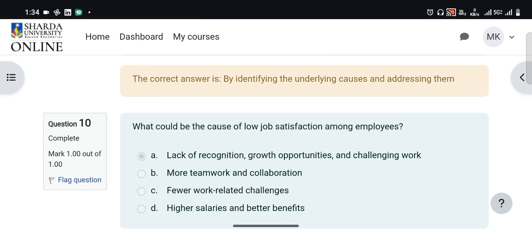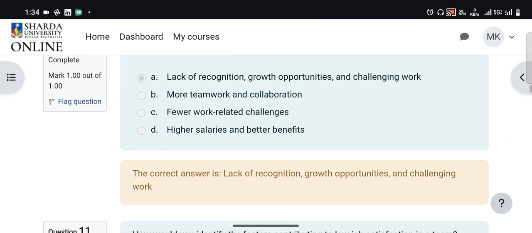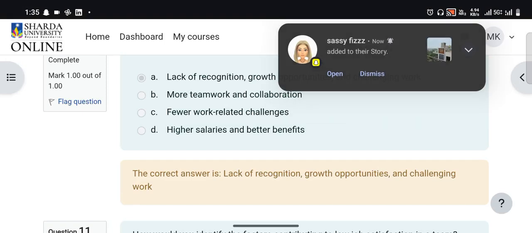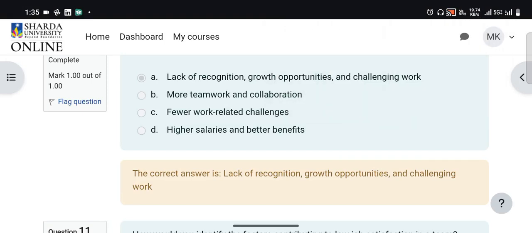Option C. Fewer work-related challenges. Option D. Higher salaries and better benefits. The correct answer is lack of recognition, growth opportunities and challenging work.